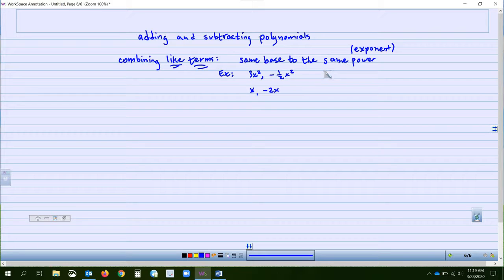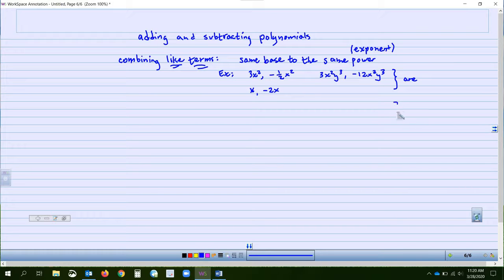And you can have more than one base. So 3x squared y to the third and negative 12x squared y to the third, those would also be like terms. x squared, y cubed, y cubed. So these ones here are like terms.